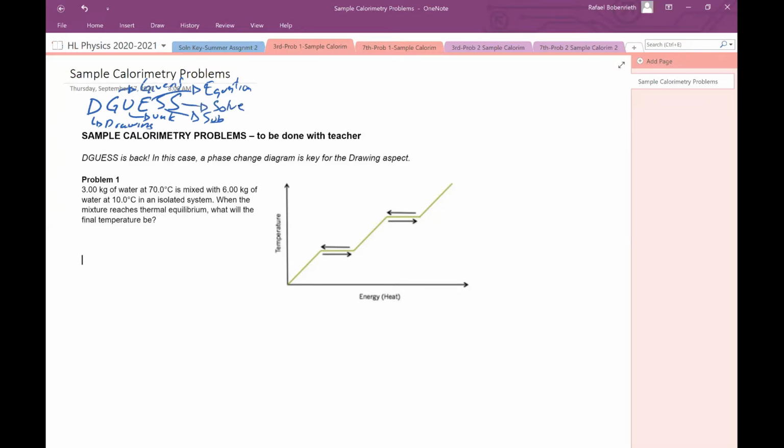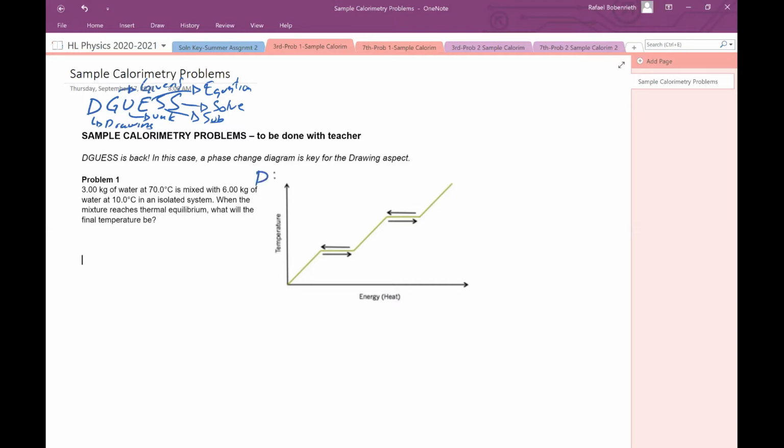When we're talking about calorimetry problems, I strongly recommend the drawing should be a phase change diagram drawing. Notice on the right there, I have one put up. So we're going to walk through this together.